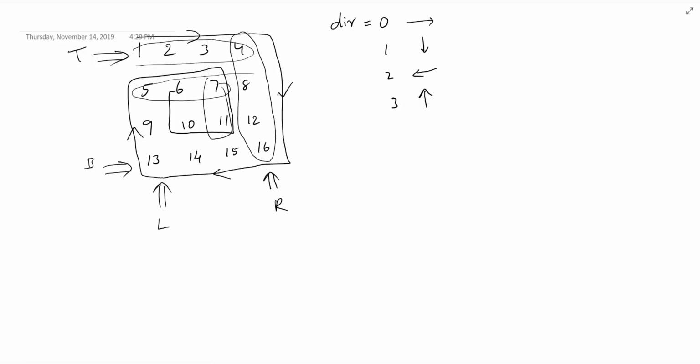Once we are done with that, we'll change the direction to 2 so that it will go from right to left, and then we'll change it to 3, then it will go bottom to top. So this is my idea. Let me start coding it. Maybe during the coding we'll have more ideas.